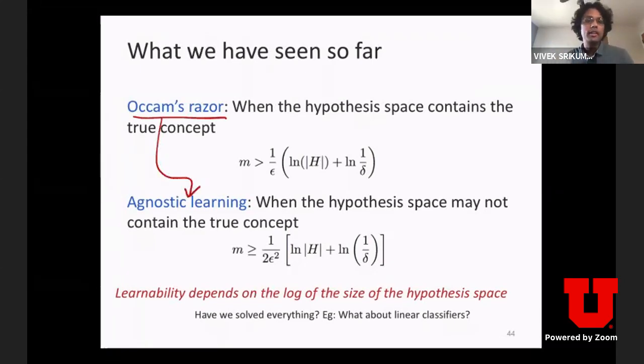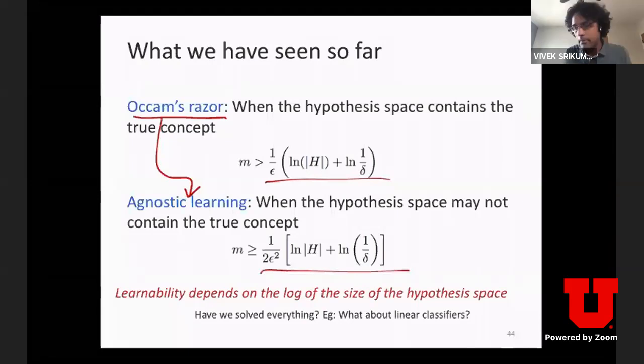We saw the Occam's razor theorem that says when the hypothesis space contains the true concept, if you have more than this many examples, m, then there is a good classifier. In the agnostic setting, when we don't know whether the hypothesis space contains the true concept, if you have more than this many examples, then you have a high chance of getting a good classifier.